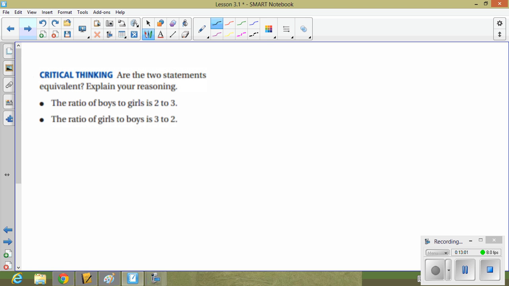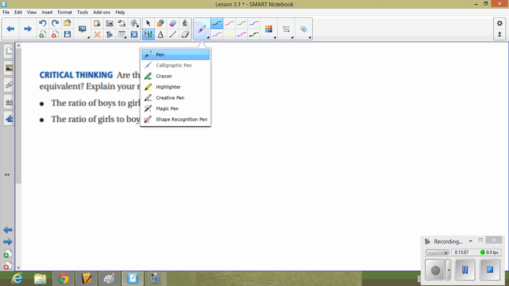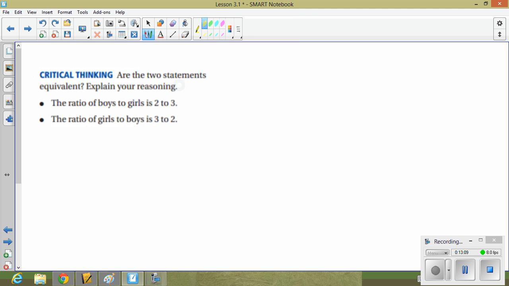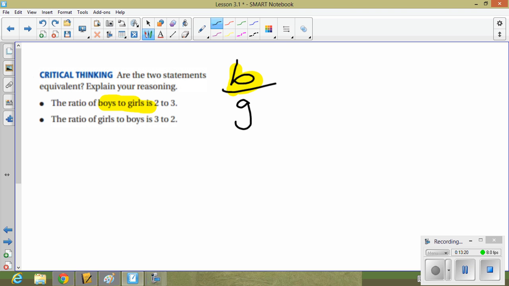Are the 2 statements equivalent? Explain your reasoning. The ratio of boys to girls, remember, this is very, very important, is 2 to 3. So let's write this down. Boys, girls, 2 to 3.